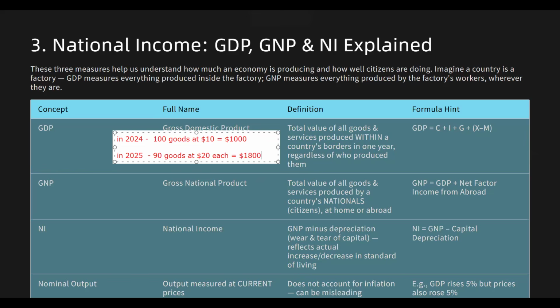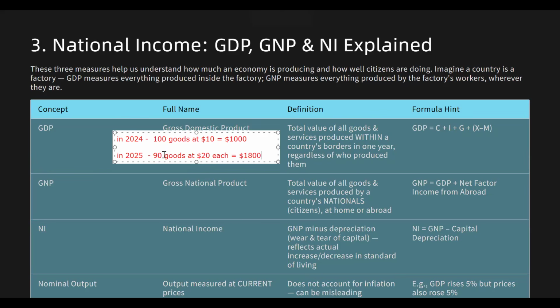because in 2025 there was inflation, which increased the prices from $10 to $20. That doesn't mean that I sold more goods. How much more goods did I sell in 2025? Look at the amount of goods. I did not, right? So it's misleading.